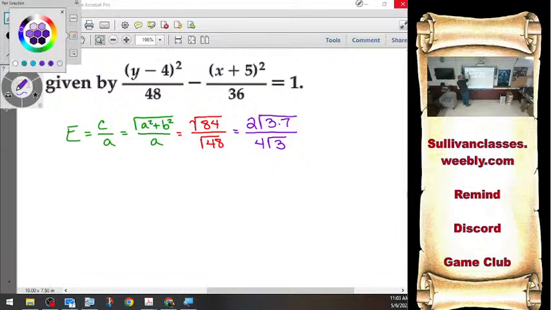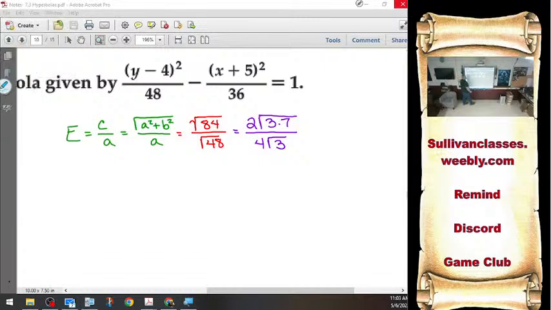Oh, another one, 3 times 7. Oh, we still got it right. They're both in radical land. How about way back here? If I take both of those divided by 3, what happens?